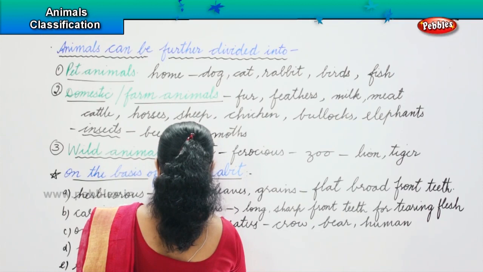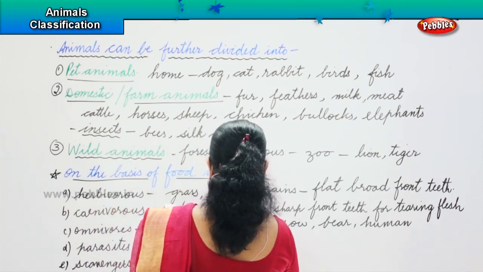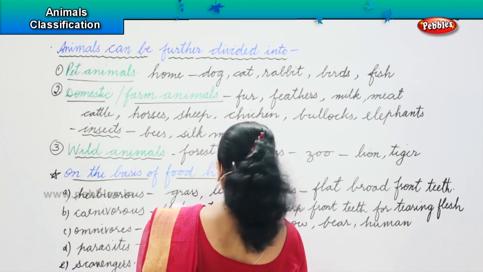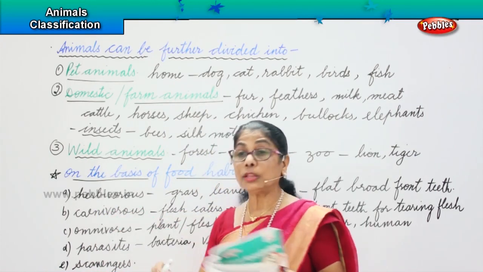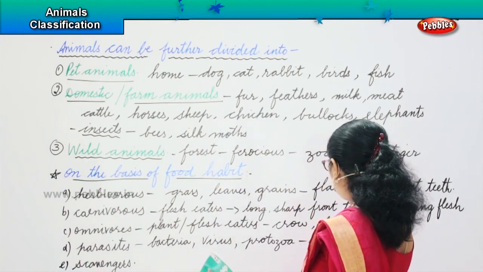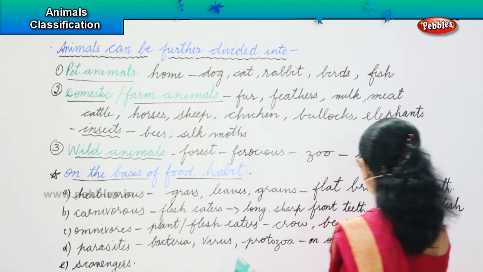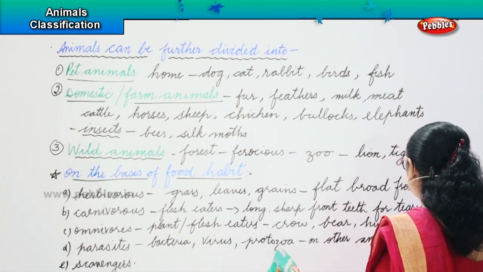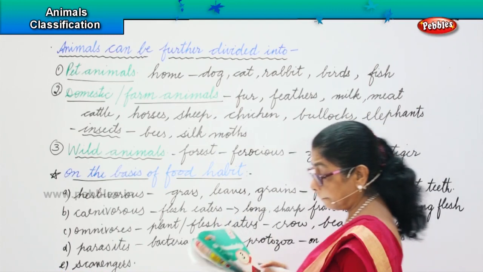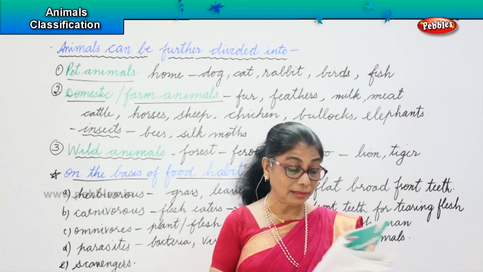So they are called parasites because they live on other animals.